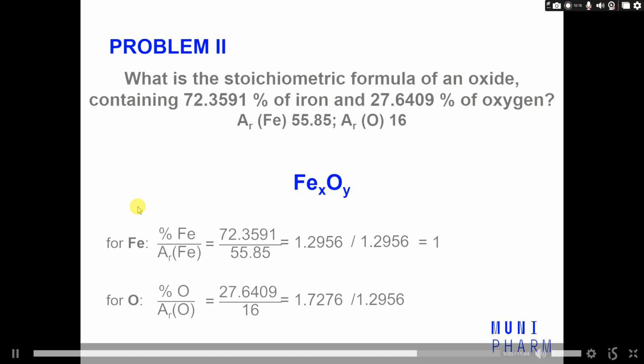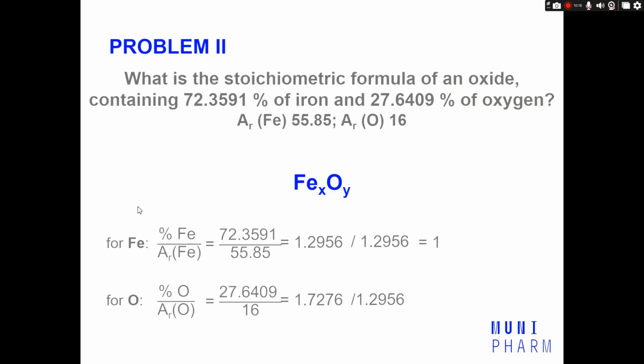After that, we will get the coefficient 1 for the iron, and for oxygen, we'll get the coefficient 1.33. This is better, but we have an integer for only one element, which is still not enough.